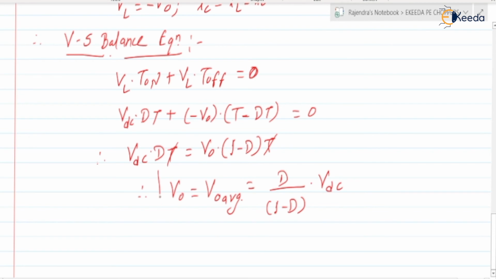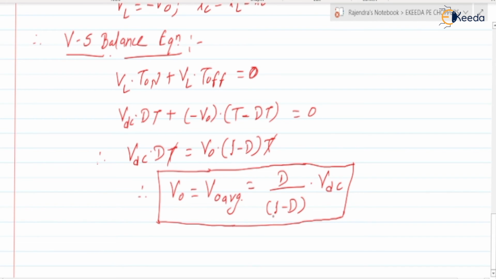This is a very important expression. The output voltage, that is the load voltage, is equal to d upon 1 minus d into VDC.